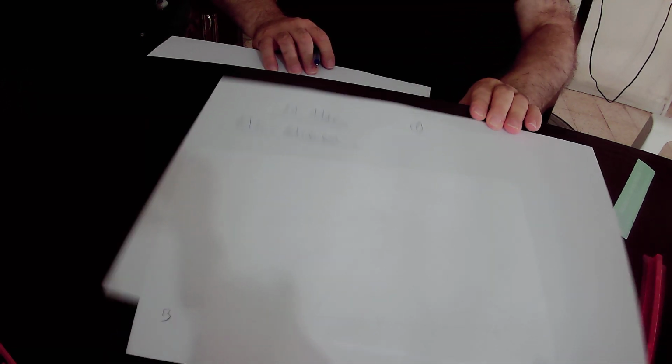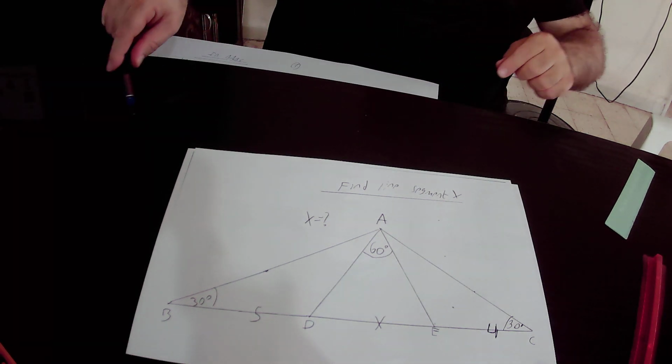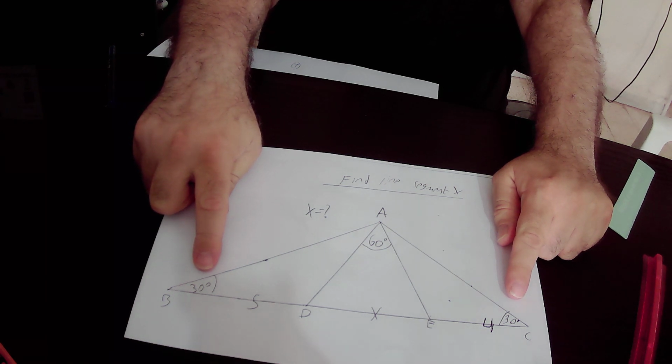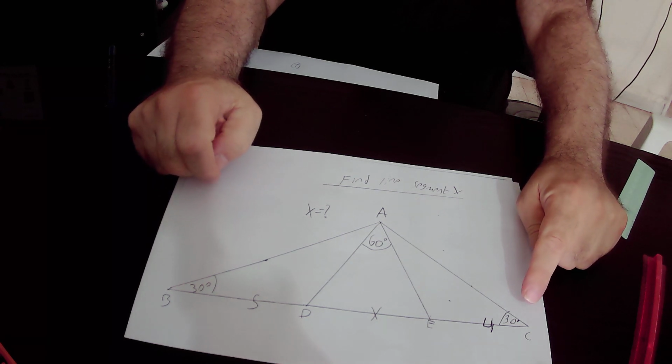And we have the rule that in front of equal angles in the triangle, there are equal sides. So in front of those two equal angles, there are equal sides. In front of this angle, we have side AC. In front of this angle, we have side AB.